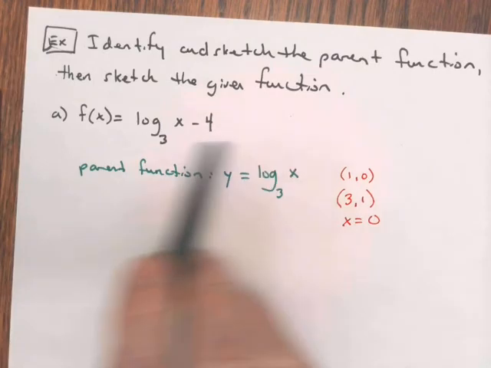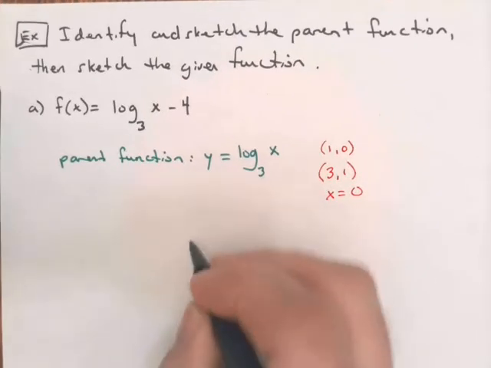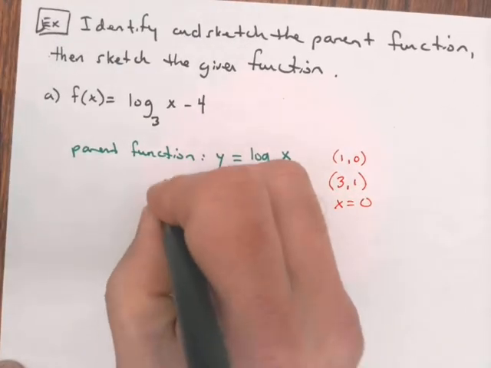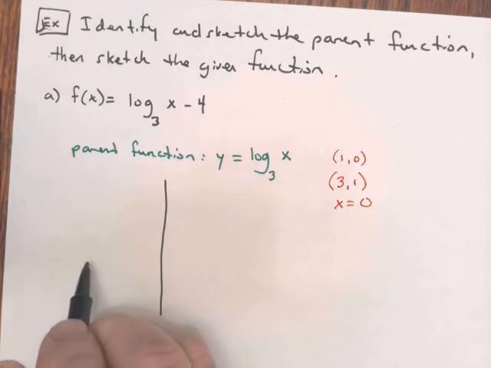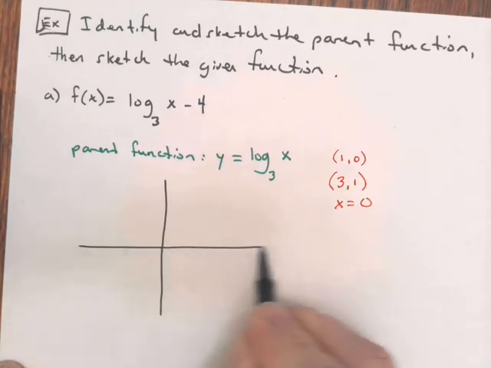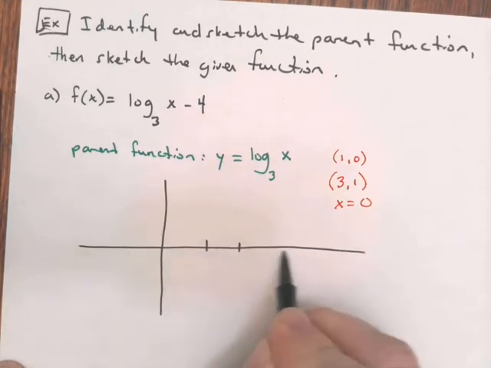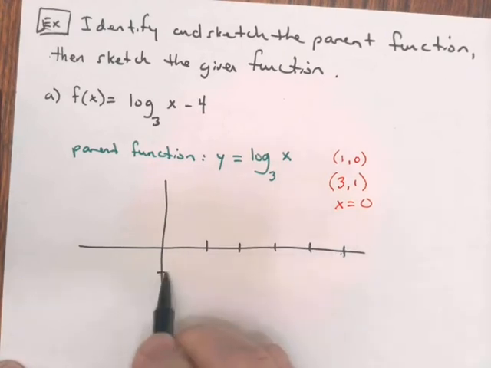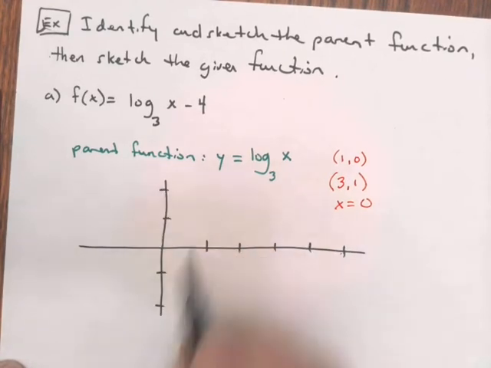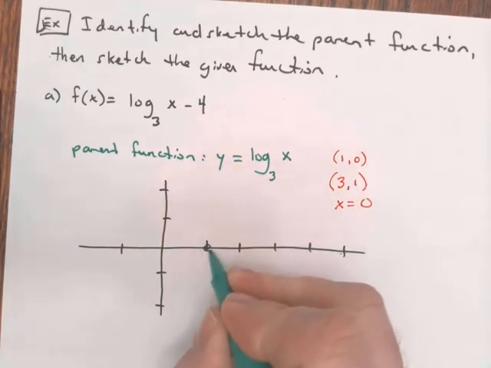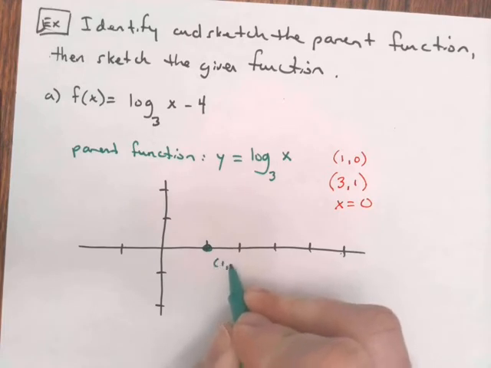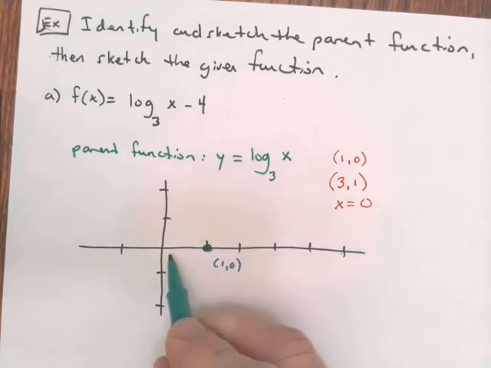So if I graph this equation, here is what we would end up with. I'm going to graph the point 1, 0. I'm going to graph the point 3, 1.